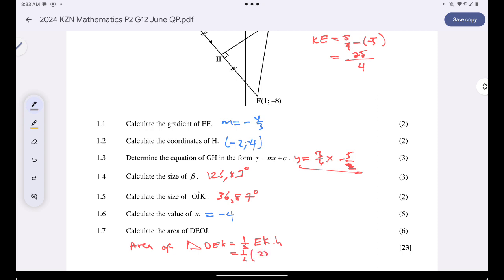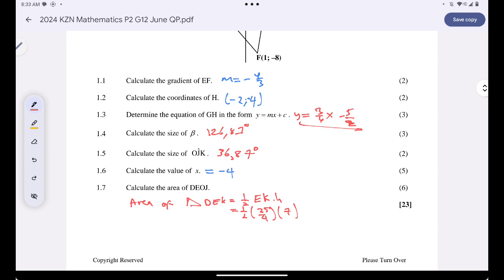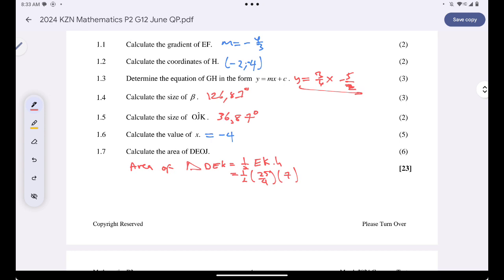This is 25 over 4. My height is 7. Then my area will be 175 over 8.